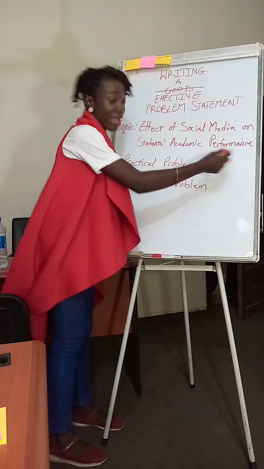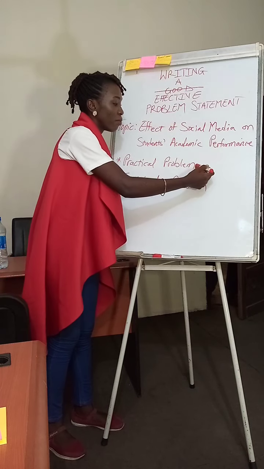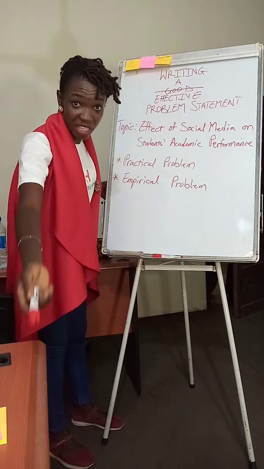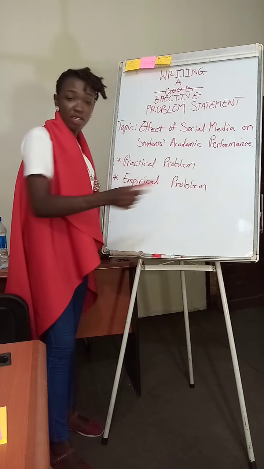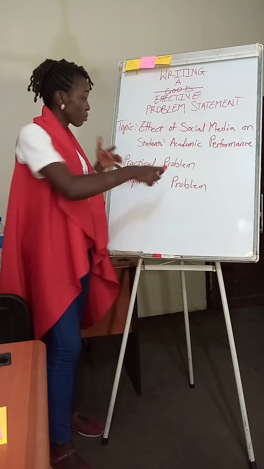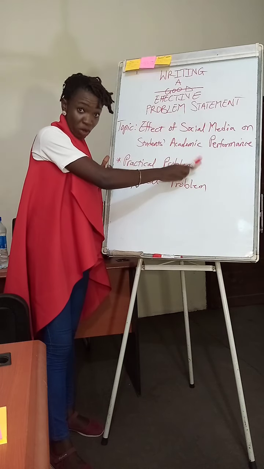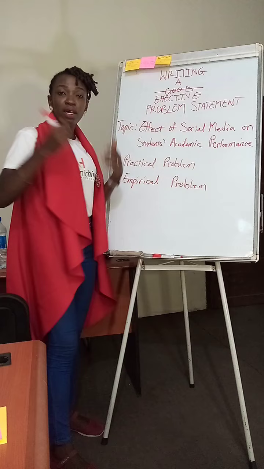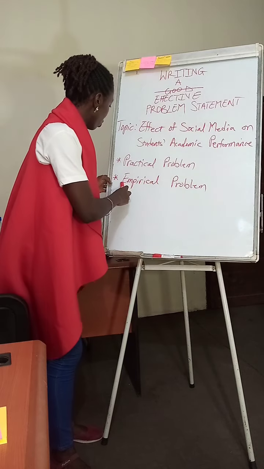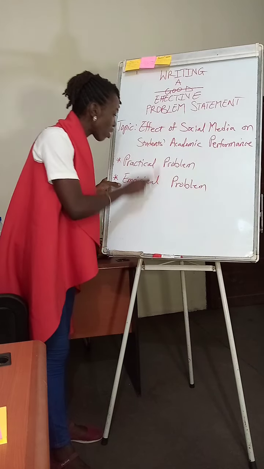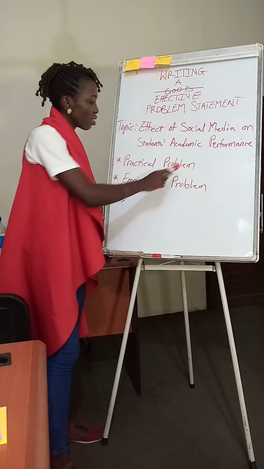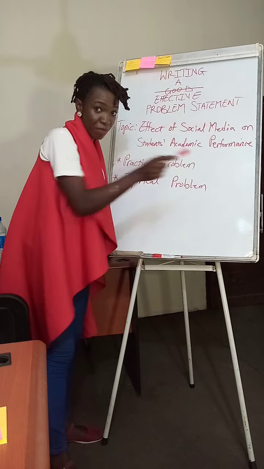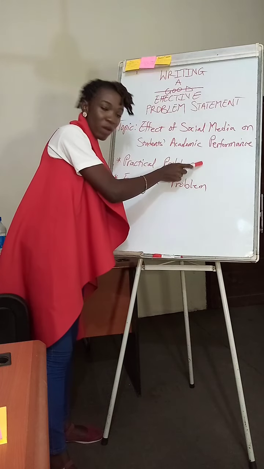You can say that based on the complaint by, let's say, school authorities in Nigeria, it's been noticed that, or you want to say something like, based on the complaint of that problem, you want to put your own study in Nigeria, because remember you have a practical problem.